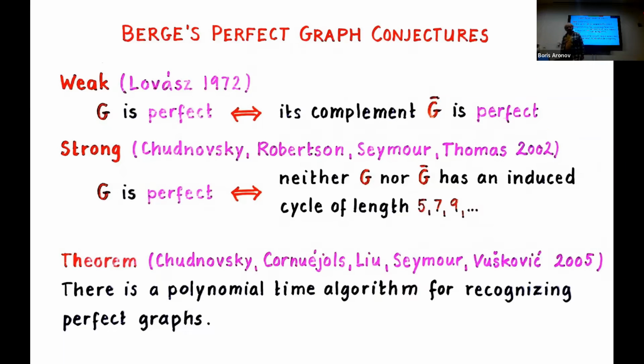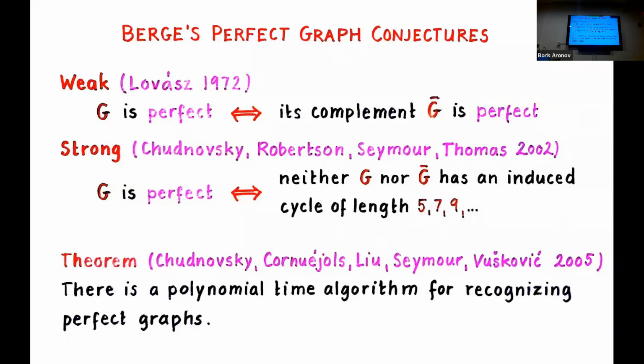Wait, is there some problem? I mean, what happens if you have a complete graph on 4 vertices? That doesn't seem like it. Isn't that perfect? Oh, you mean that if the number of vertices is smaller than 5? If you have a complete graph on 4 vertices, the chromatic number and the clique number are both 4.